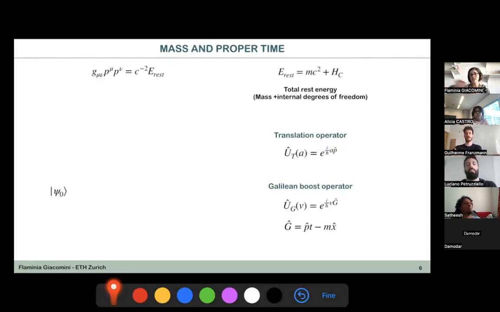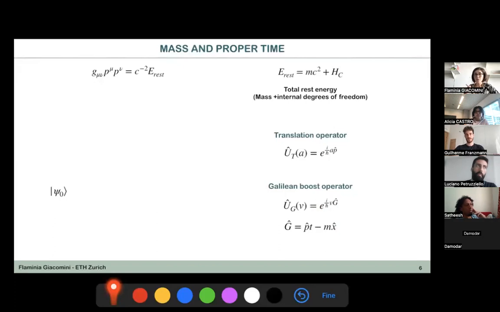This translates our particle by a. And then the Galilean boost is instead still a unitary operator, the exponential of i over h bar, v times G, where G represents the time-dependent boost operator, that is Pt minus Mx.